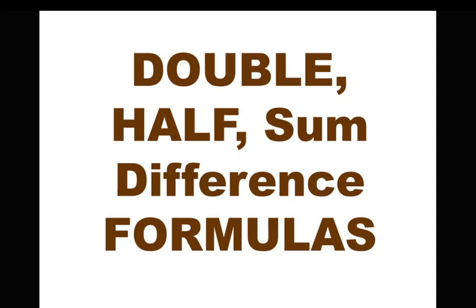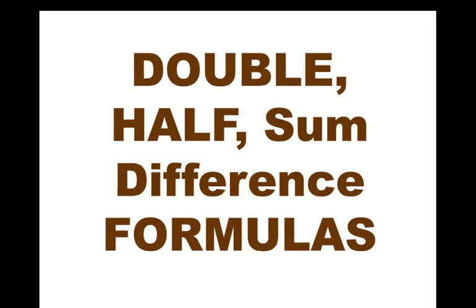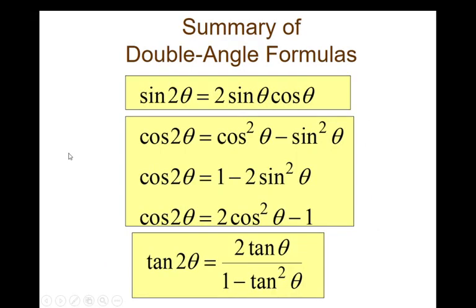Okay, so the first set of identities that we're going to look at are the double angle formulas. For sine of 2 theta, say, the sine of 60 is equal to 2 times the sine of 30 times the cosine of 30. It's kind of the way it works.